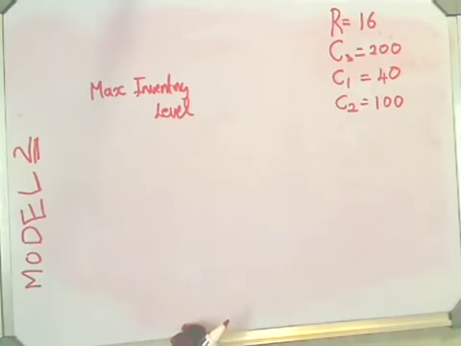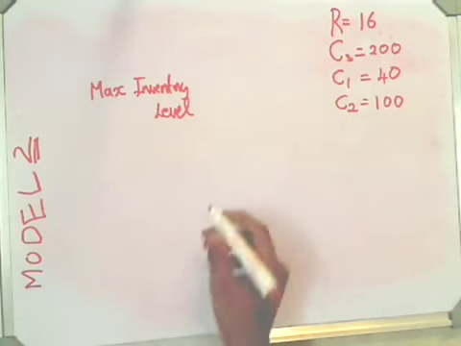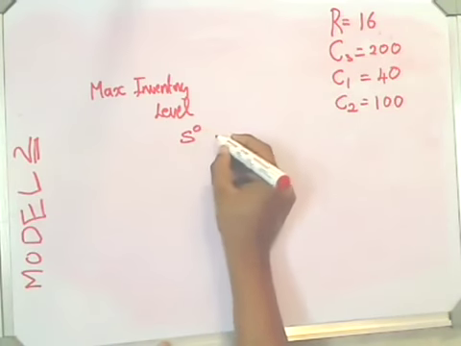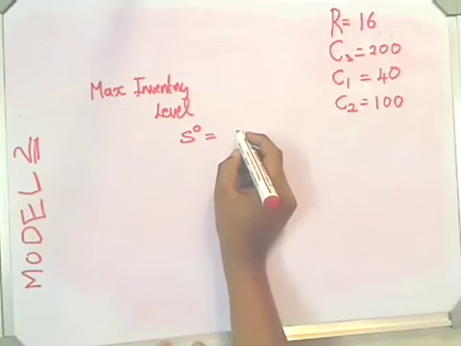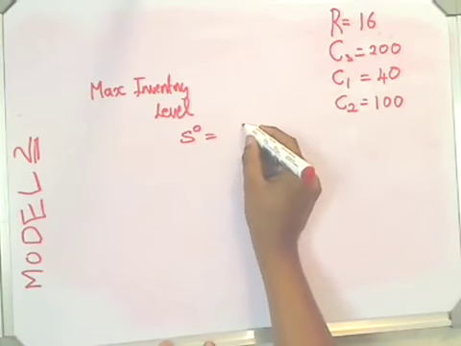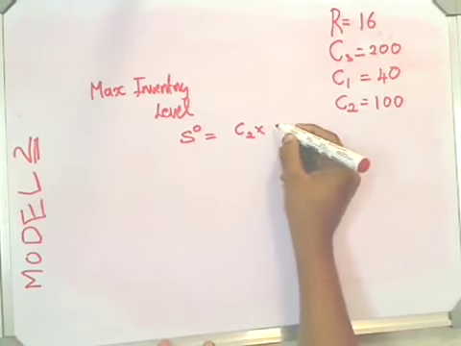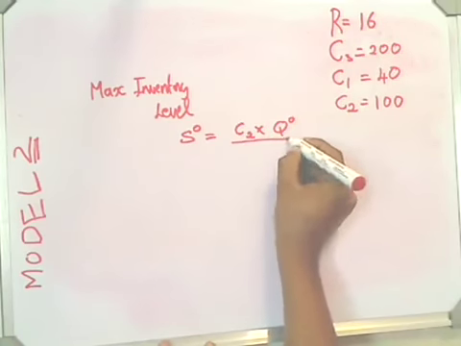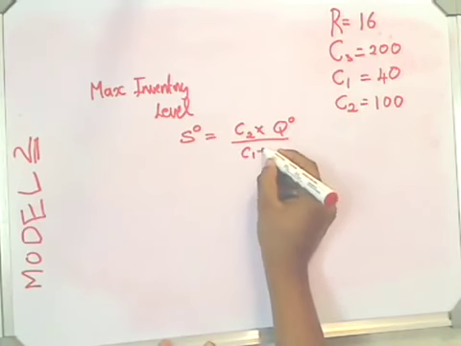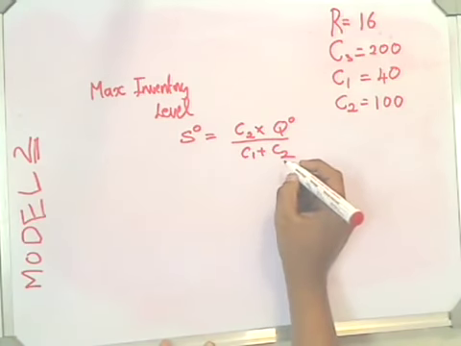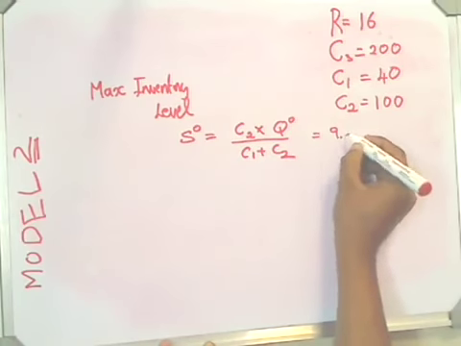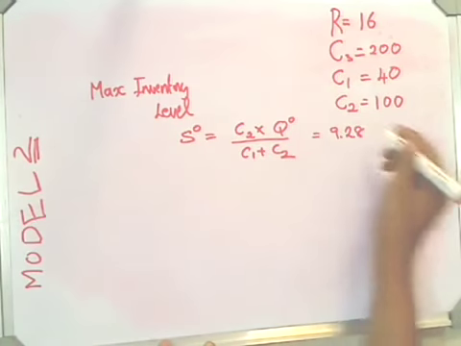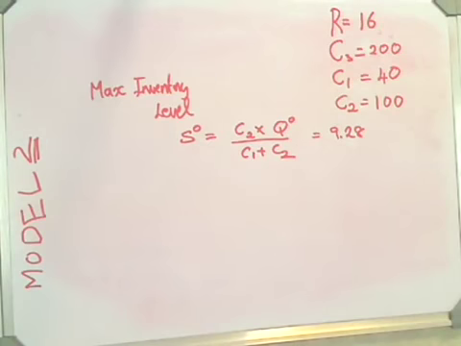Now here, because you're allowing a shortage, you consider a different way of calculating the maximum inventory level. S naught equals C2 multiplied by Q naught divided by C1 plus C2. Now this should give you 9.28. Okay, 9.28 should be the answer that you should be able to get.